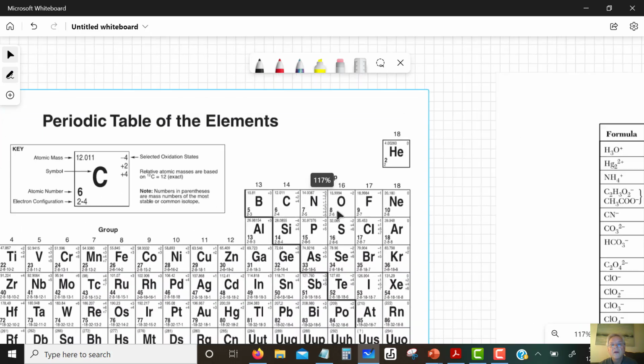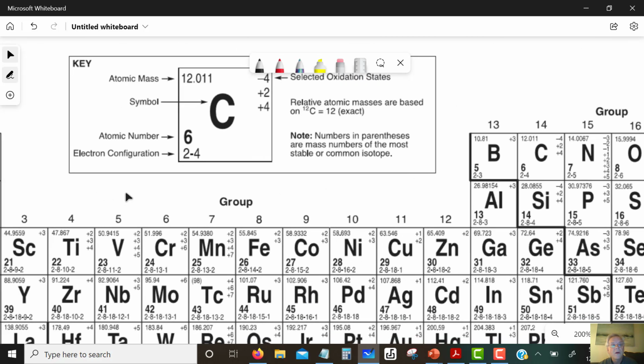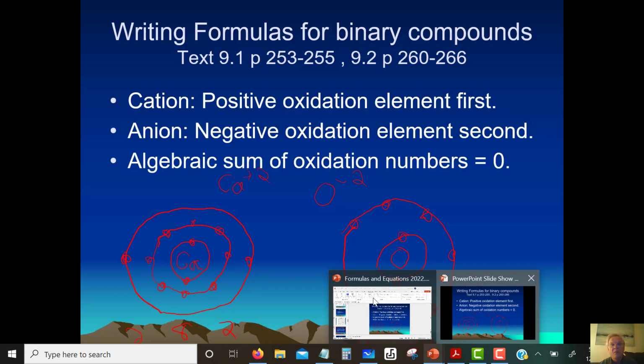We look here, -2, and calcium here is a +2. So what we're talking about are the oxidation states.